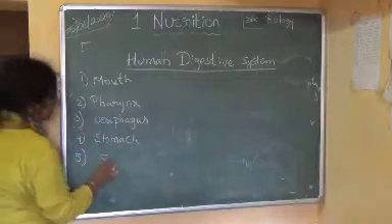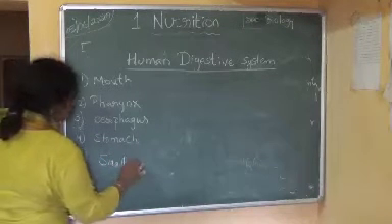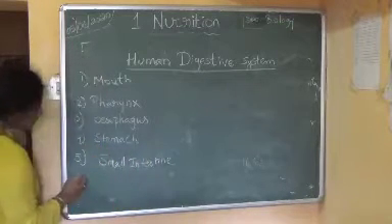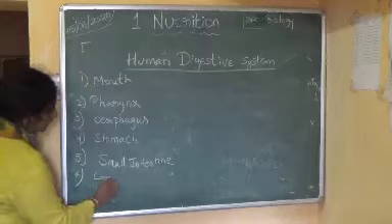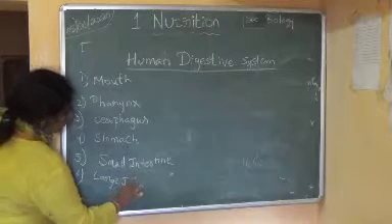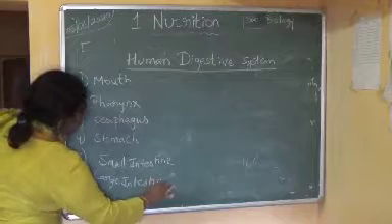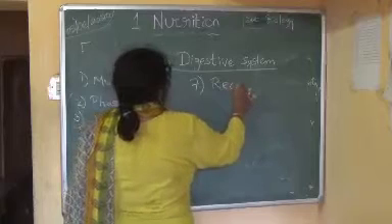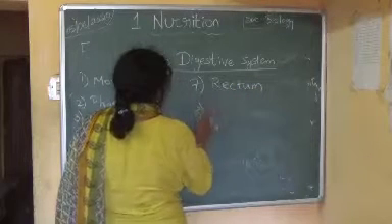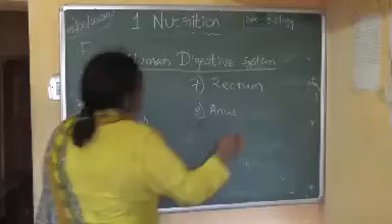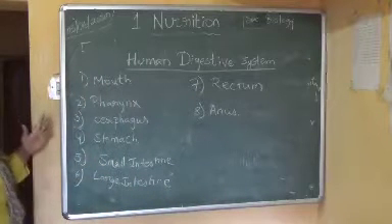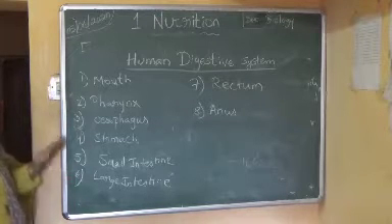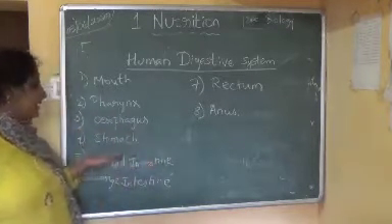Next, small intestine. Large intestine. Rectum. Anus. These are the parts which are present in the human digestive system, and several glands are also involved. We will discuss them later.